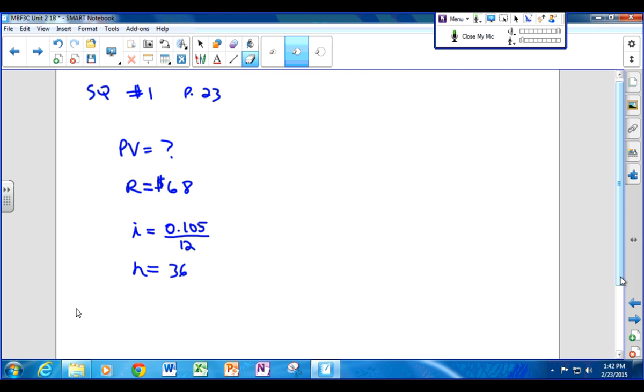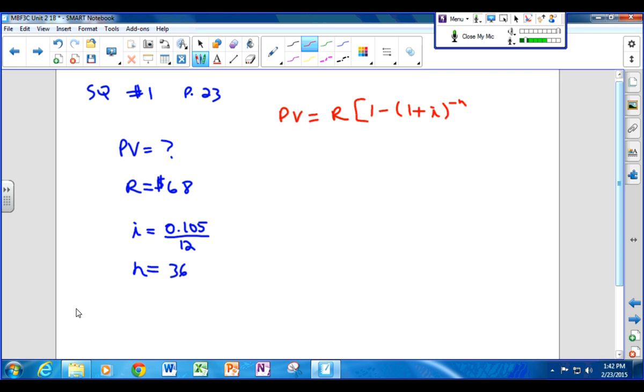Let's switch colors here. Let's try red. PV equals R times 1 minus 1 plus I to the negative n, over I. Okay, that's everything we need.